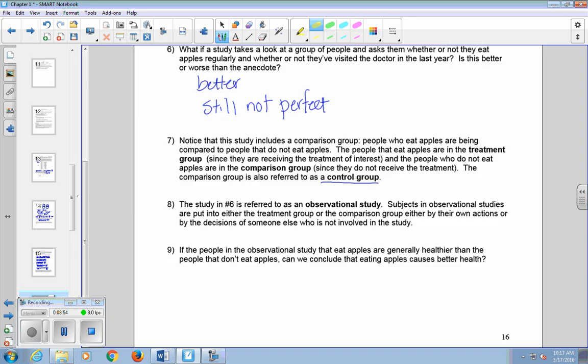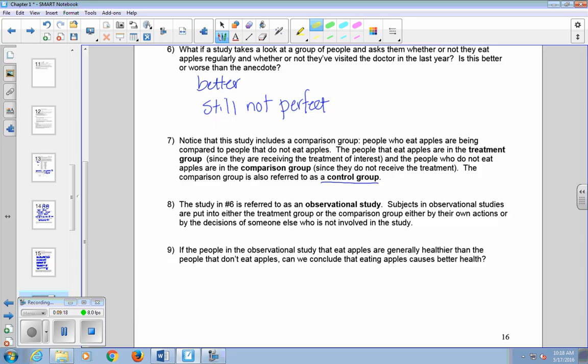So the study in number 6 is referred to as an observational study. This is one type of study that we are looking at. Subjects in observational studies are put into either treatment groups or comparison groups by their own action. In other words, they're already doing it. This is just the way things are.